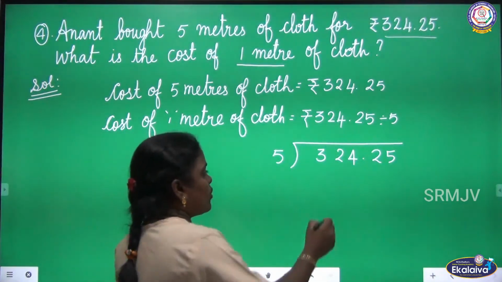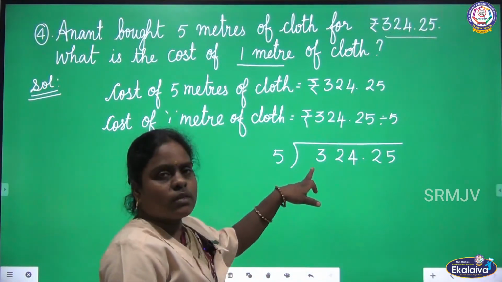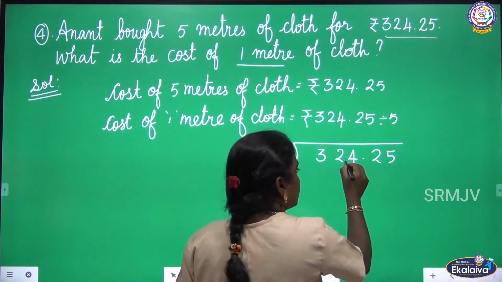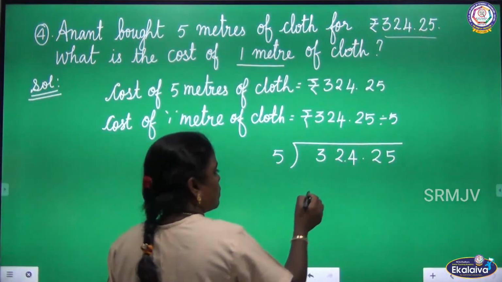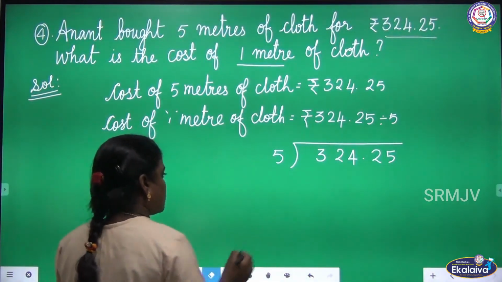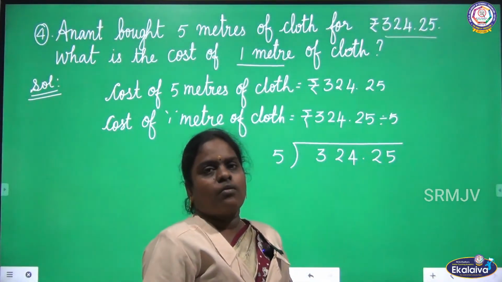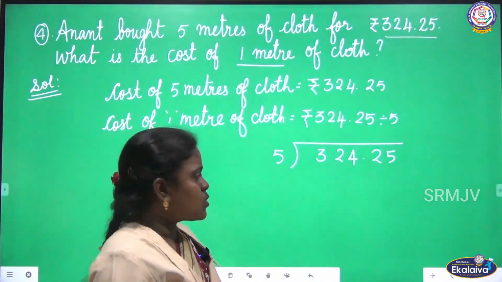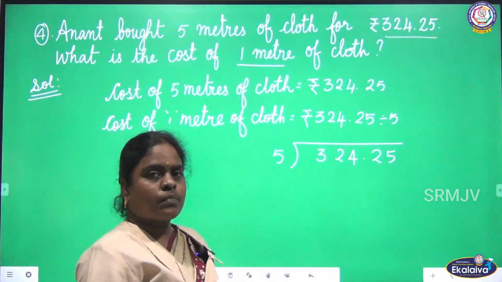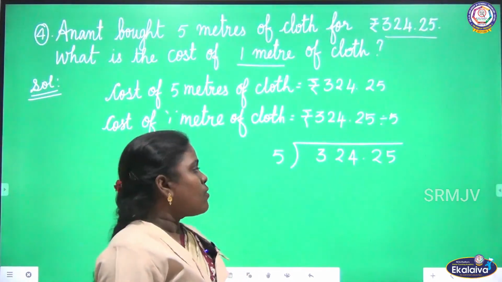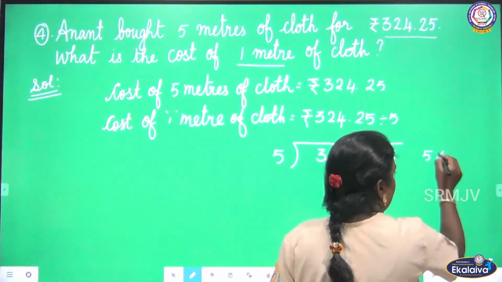So here if you take one digit, it is smaller than 5 because we have 3. So I am going to take 2 digits, that is 32 I am going to take now. So if you recite 5 times table, 5 ones are 5, 5 twos are 10, 5 threes are 15, 5 fours are 20, 5 fives are 25, 5 sixes are 30 and 5 sevens are 35.